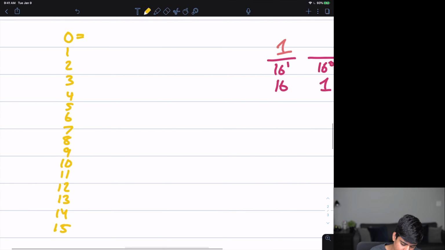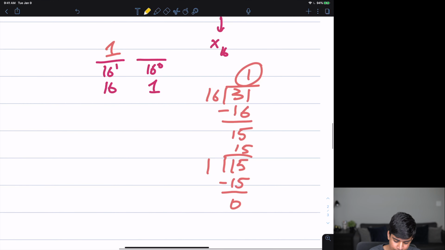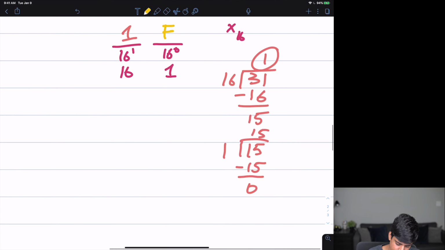Starting at 10, this will be A, B, C, D, E, F. So if I want to put the number 15 here, I have to write F instead. And now I can say with certainty that 31 base 10 will be equal to 1F base 16.